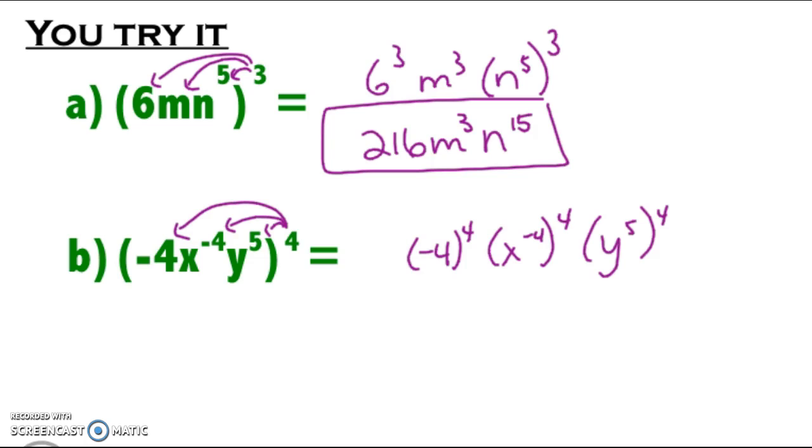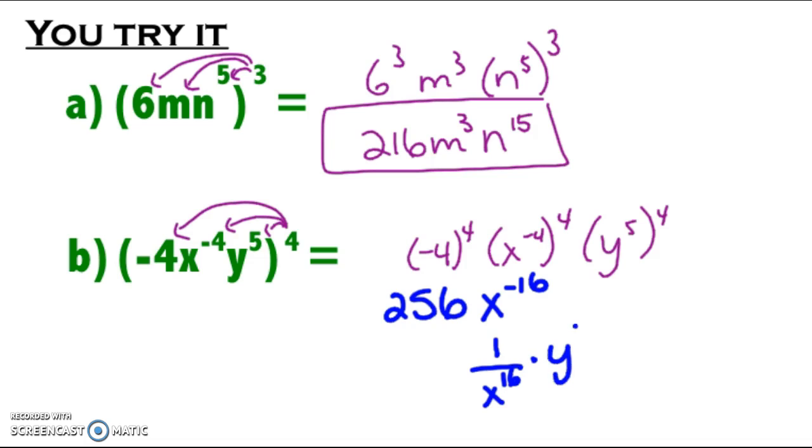That's going to give me 256. X to the negative fourth to the fourth is x to the negative 16. Remember, I'm going to typically call that 1 over x to the 16. And y to the fifth all to the fourth is y to the 20th.